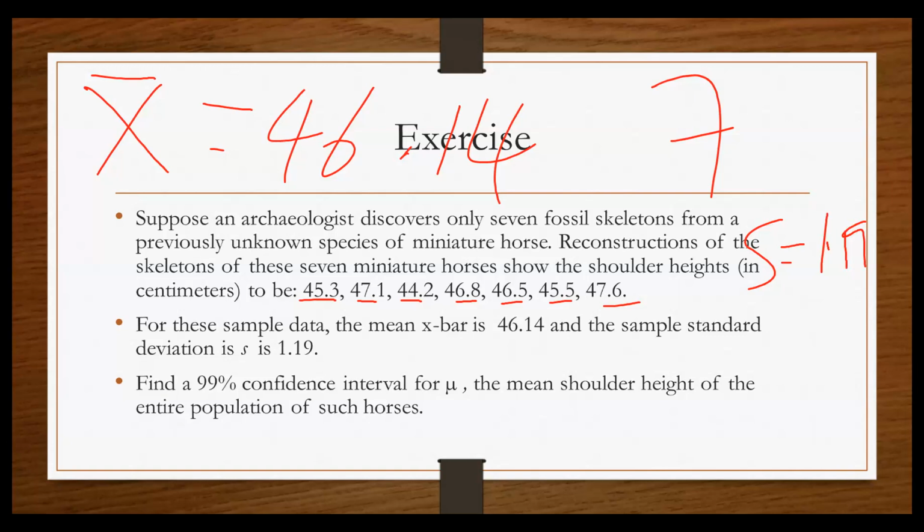Okay. So now we are asked to find a 99% confidence interval for mu, which is the population mean. So, in short, we are constructing the confidence interval. And I said how to construct it. The first thing that you ask yourself is what variables we are dealing with.